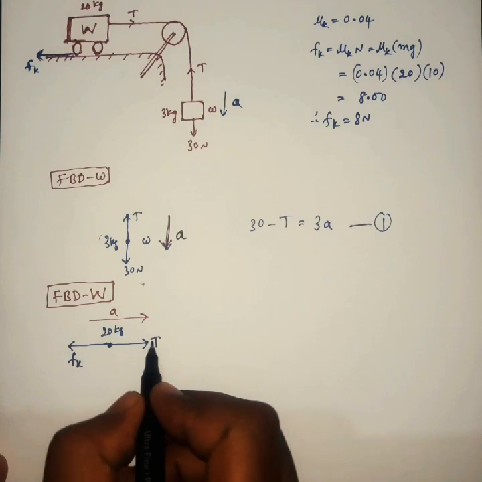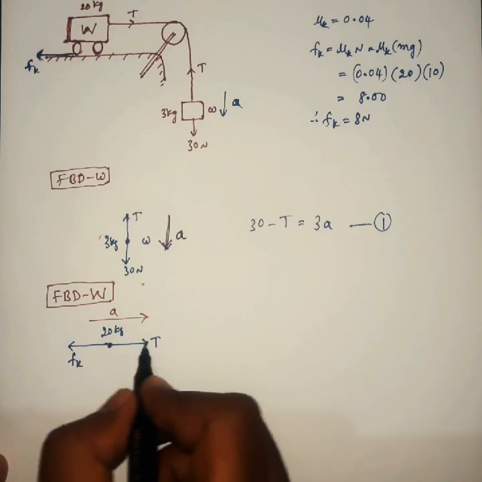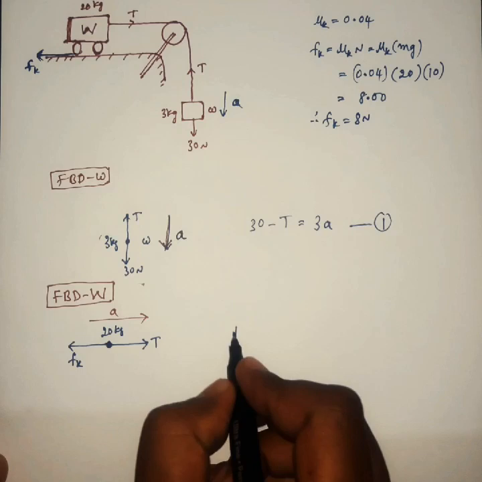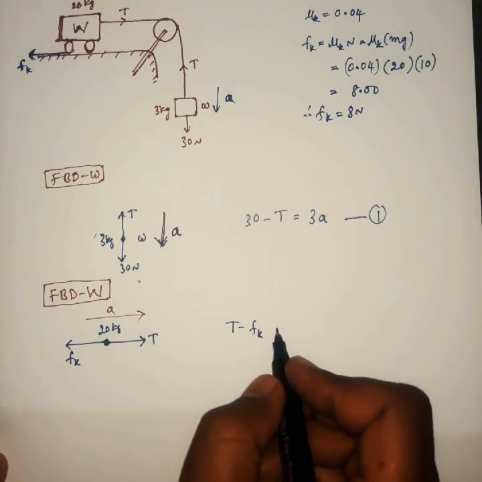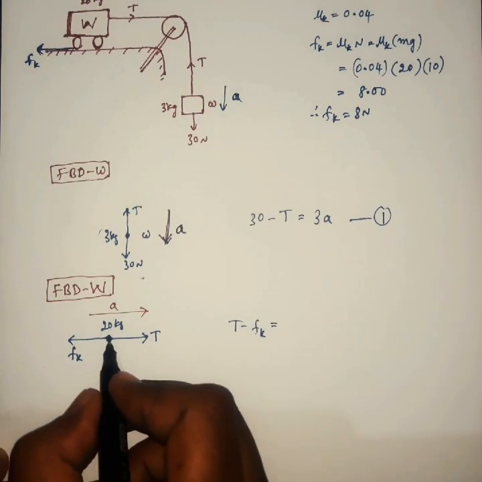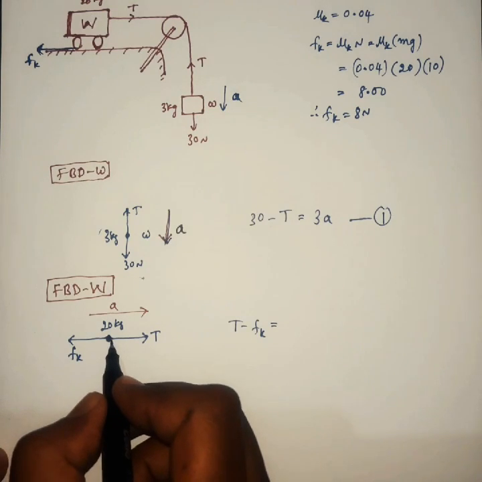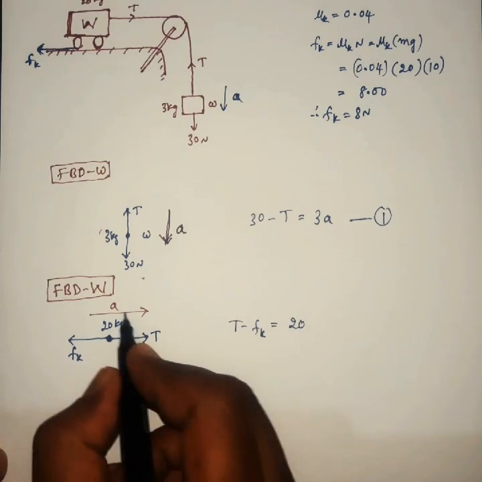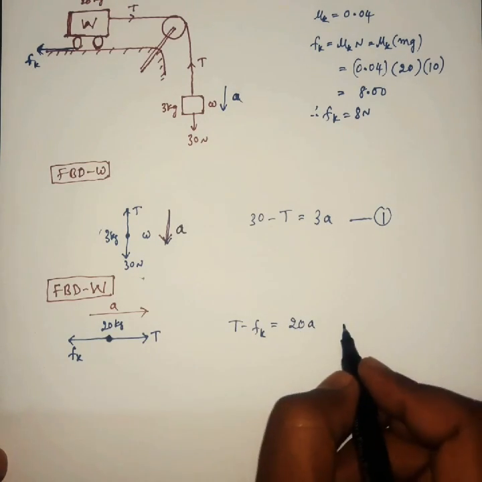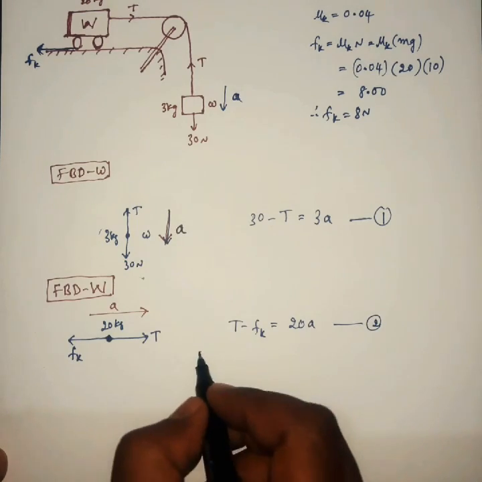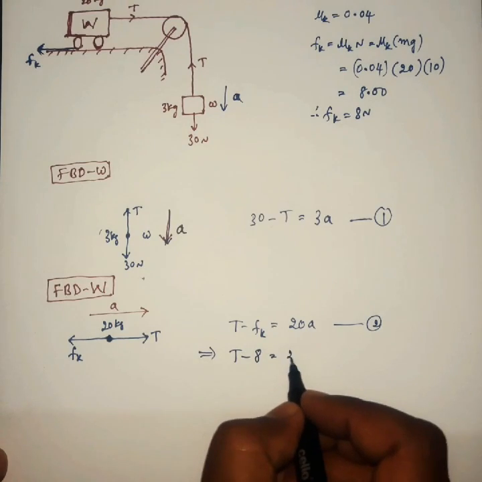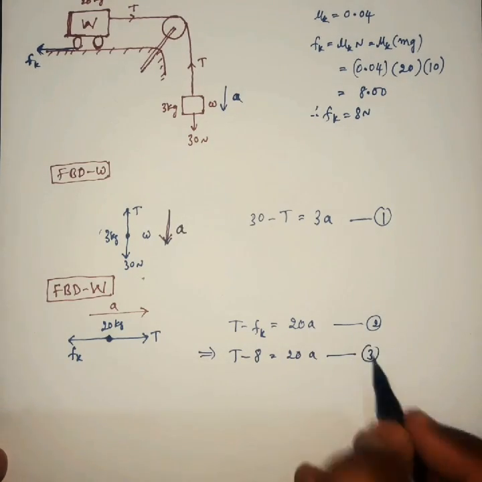So the net force on the 20 kg mass is T minus Fk. According to Newton's second law, net force is equal to mass into acceleration. Here the mass is 20 kg and the acceleration is a. So let us take this as equation 2. But with Fk equal to 8, T minus 8 is equal to 20a. Let us take this as equation 3.